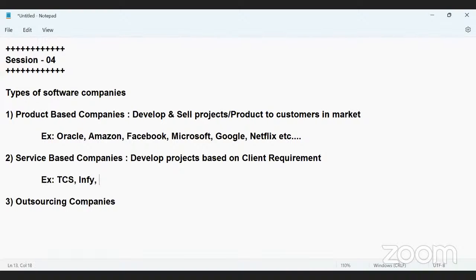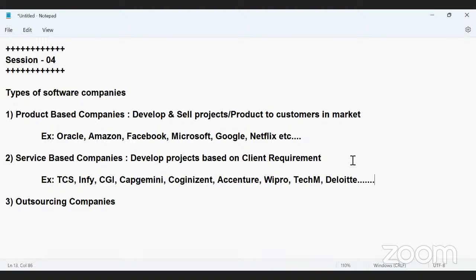TCS, Infosys, CGI, Capgemini, Cognizant, Accenture, Wipro, Tech Mahindra, Deloitte, ValueLabs. There are so many companies providing services to the clients. These companies will take the requirement from the client, develop the projects, and deliver the projects to the clients.